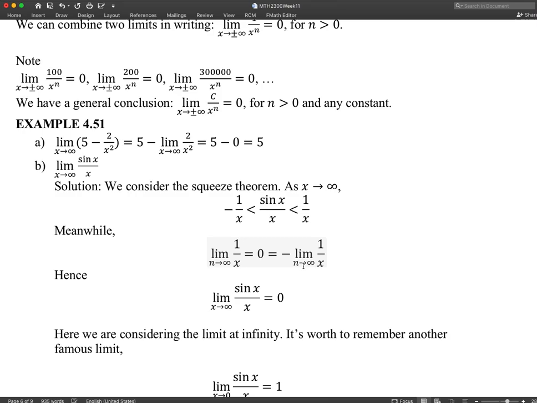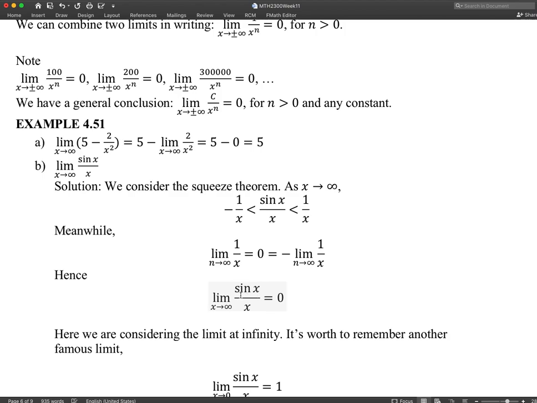Which really means anything sandwiched in between has nowhere to go at all. It will have to take the same limit, 0. So this limit is 0 because of the squeeze theorem. Without using the squeeze theorem, it might be a little harder to be convinced.